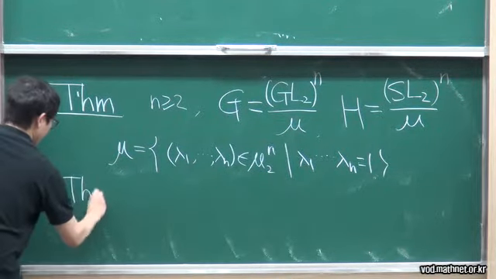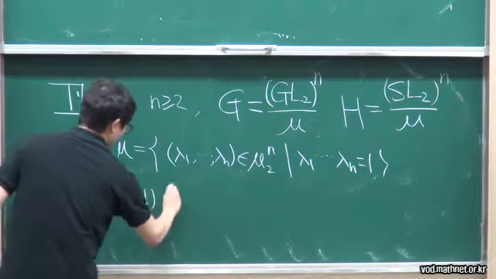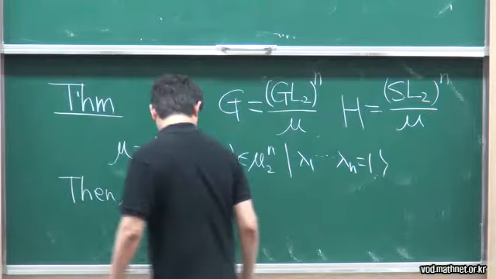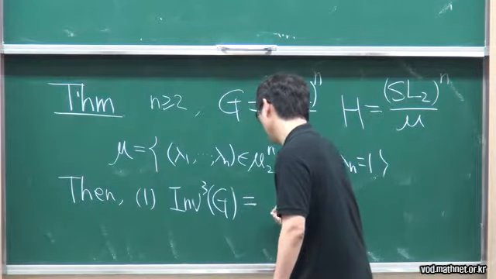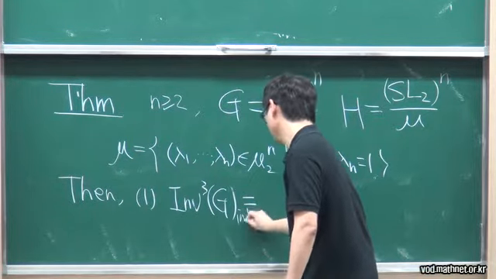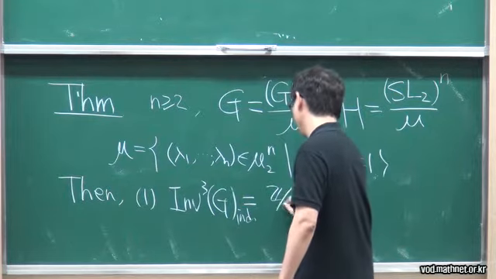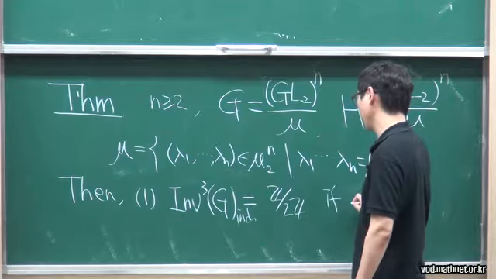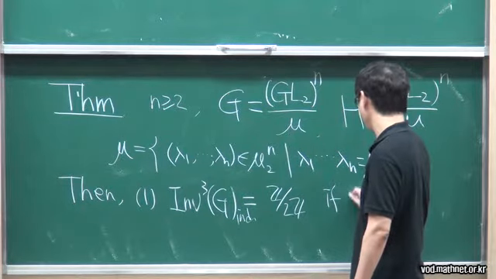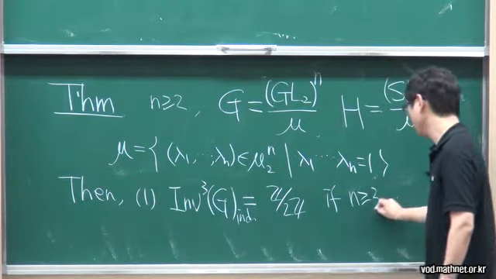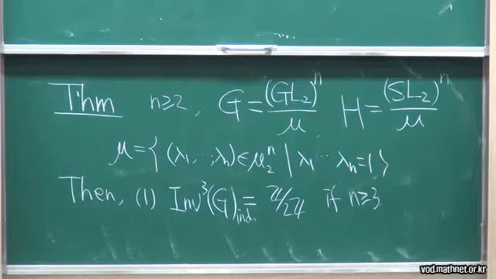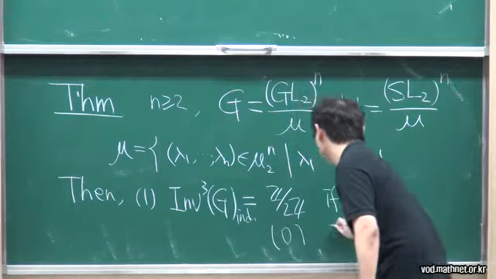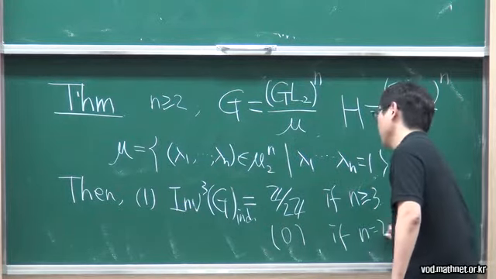And then we compute the indecomposable invariance first. And this is Z/2Z if n is bigger than or equal to 3, and this is trivial if n equals 2.